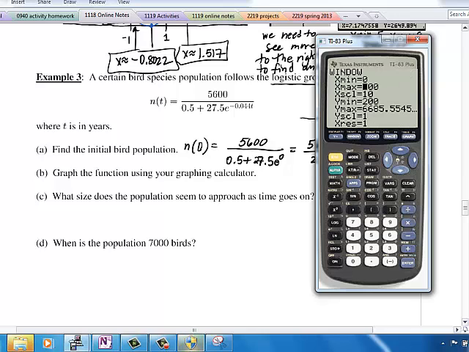Let's go to 200 and see if that's better. Try another zoom fit. Now we're starting to see it level off. Let's go 100 more, so 300. And we'll do x scale 30. There we can see it starting to level off. Try zoom fit again.